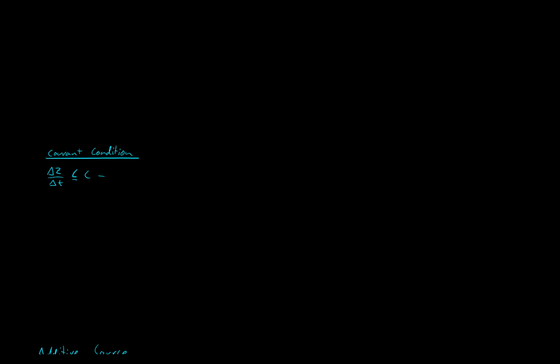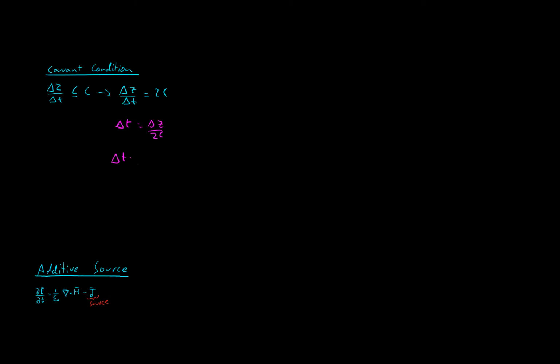Now, just to be safe, delta z over delta t for us is going to be equal to 2c, which means that delta t is equal to delta z over 2c. Delta t times c is equal to delta z over 2. Each time increment, we move at most half of a grid point.